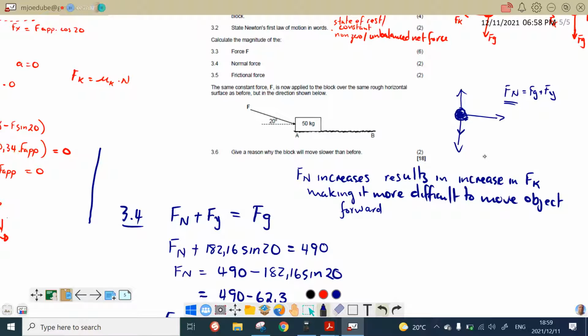And if Fn increases, your Fk, remember, is found by mu k multiplied by the normal force. So now that normal force is high, therefore the 0.4 times that normal force is also going to be high. Hence, it's going to be more difficult to get that object to move forward, and therefore the object will move slower.